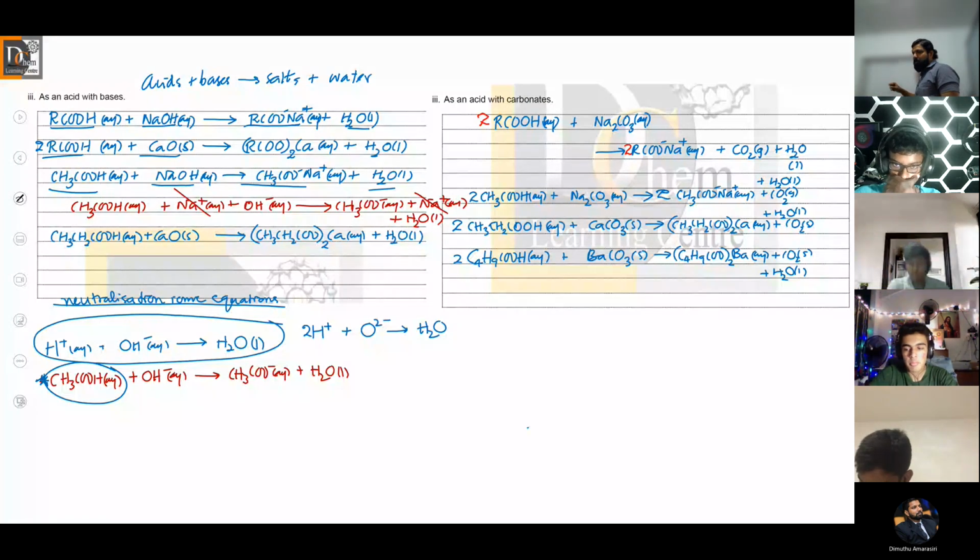So all 16 got A's. 10 A stars and 6 A's. So that's what I focus on. It doesn't mean that I focus on A's. I focus on the outcome rather than the number of A's in the class.